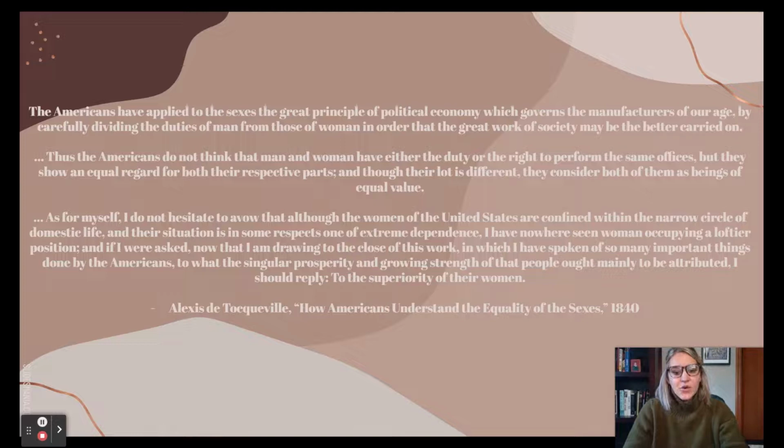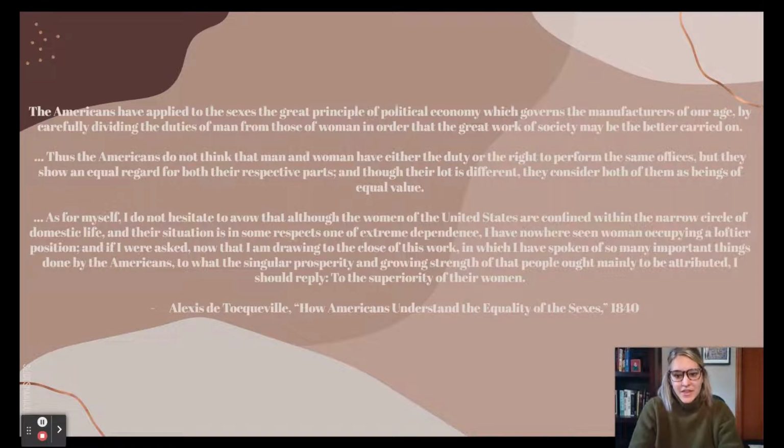And Alexis de Tocqueville was a European who was observing life in America, and he wrote this excerpt about understanding equality of the sexes. He says, "The Americans have applied to the sexes the great principle of political economy which governs the manufactures of our age, by carefully dividing the duties of man from those of woman in order that the great work of society may be better carried on.